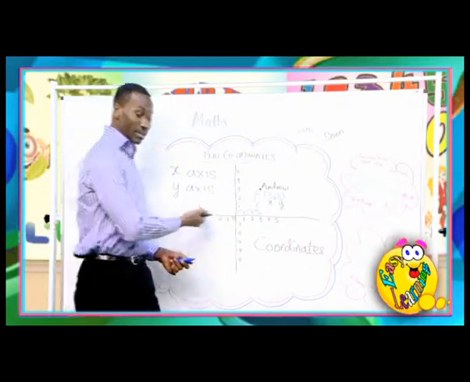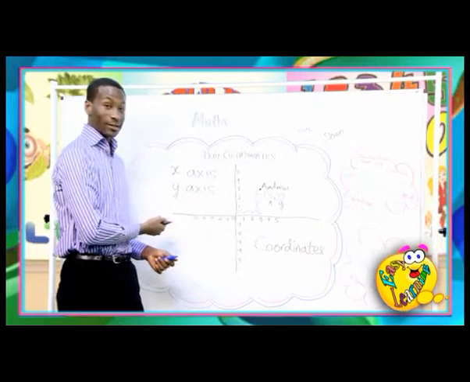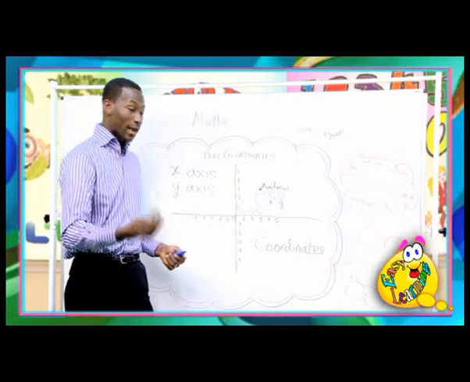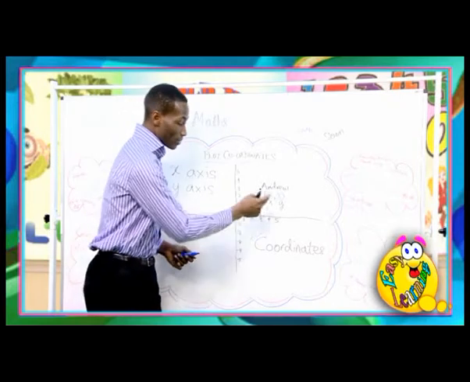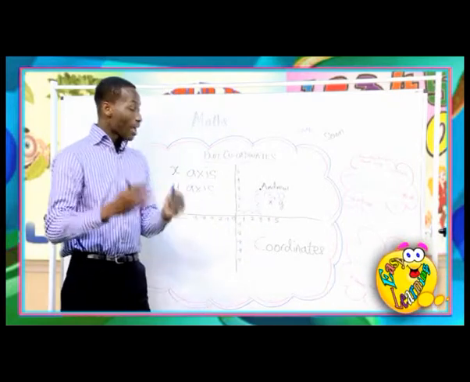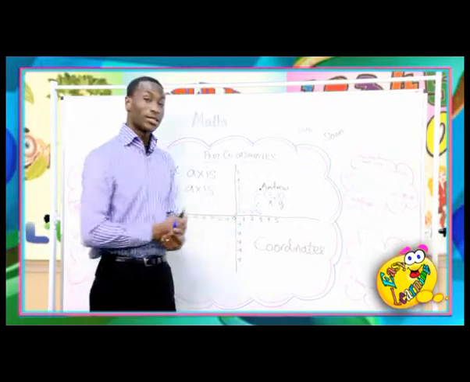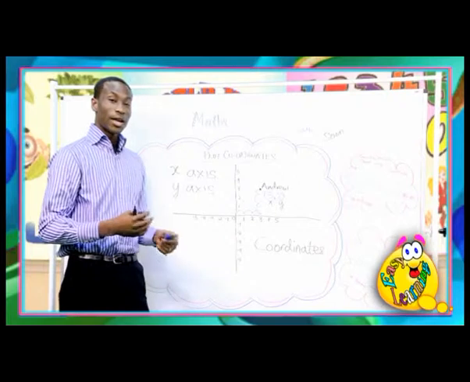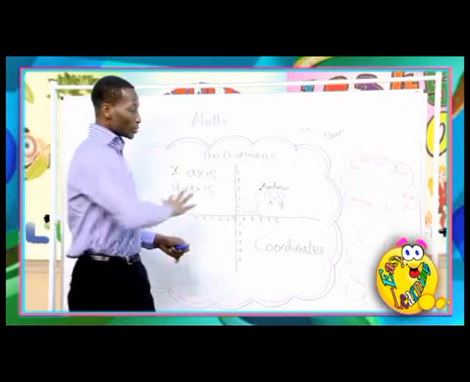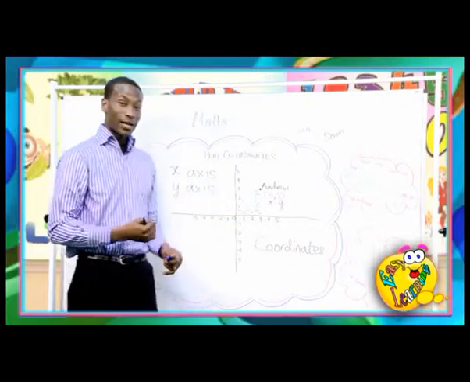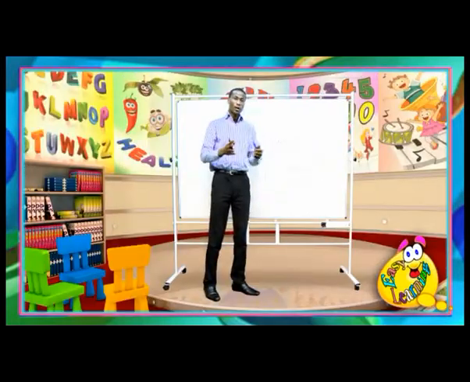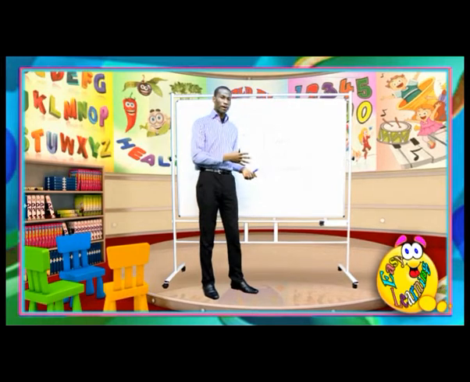So we have this line as our x-axis, we have this line as our y-axis, we have these numbers here as our coordinates. And if you look at this, you may have seen this before in what is called a grid. So the sum of all of this together gives you a grid. Cool. So that's a bunch of names to remember.